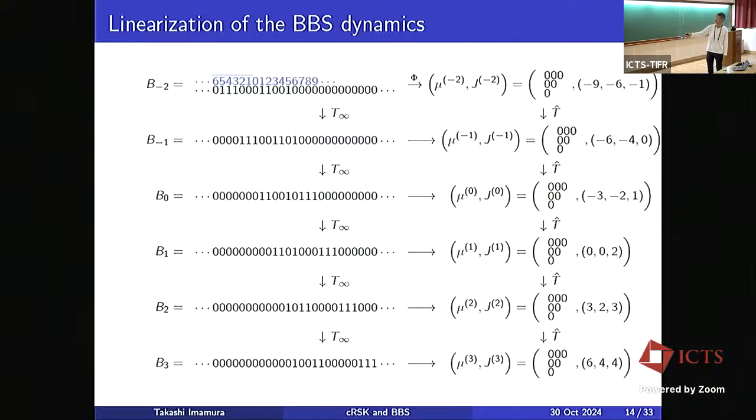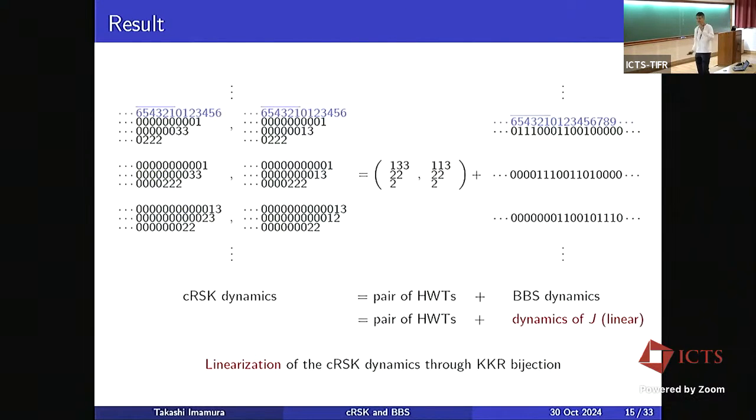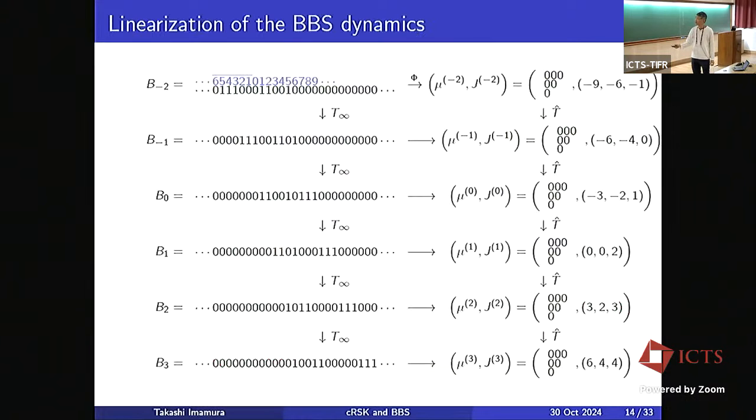This is an example of the linearization of the dynamics. This is the BBS dynamics. The whole dynamics is non-linear, but the dynamics of the rigging is linear. In this sense, the BBS is linearized by the rigged configuration. Sorry, I didn't understand what kind of object J is, because you write J plus mu, but they don't seem to be of the same kind.